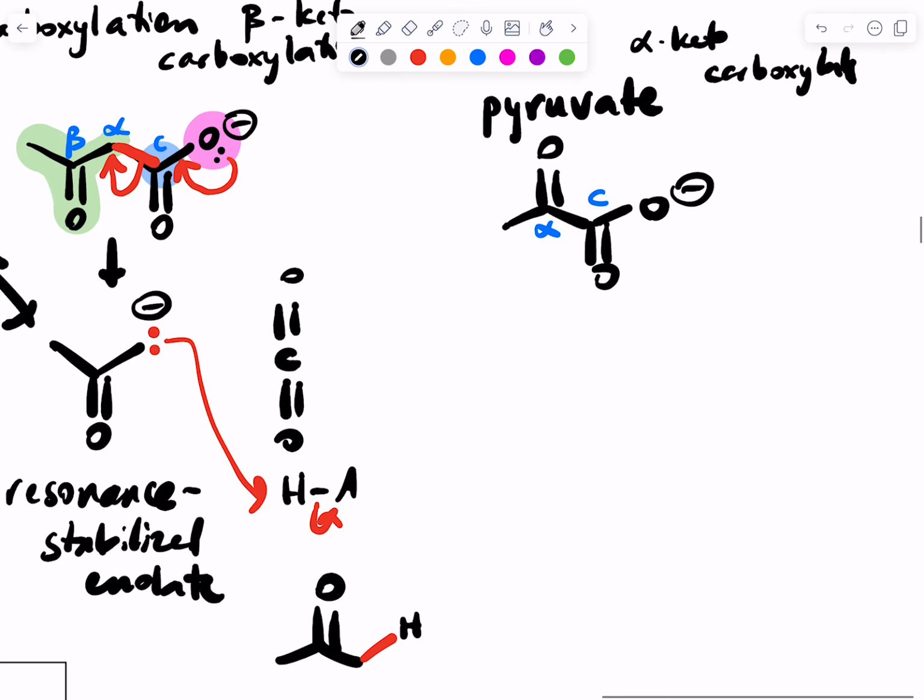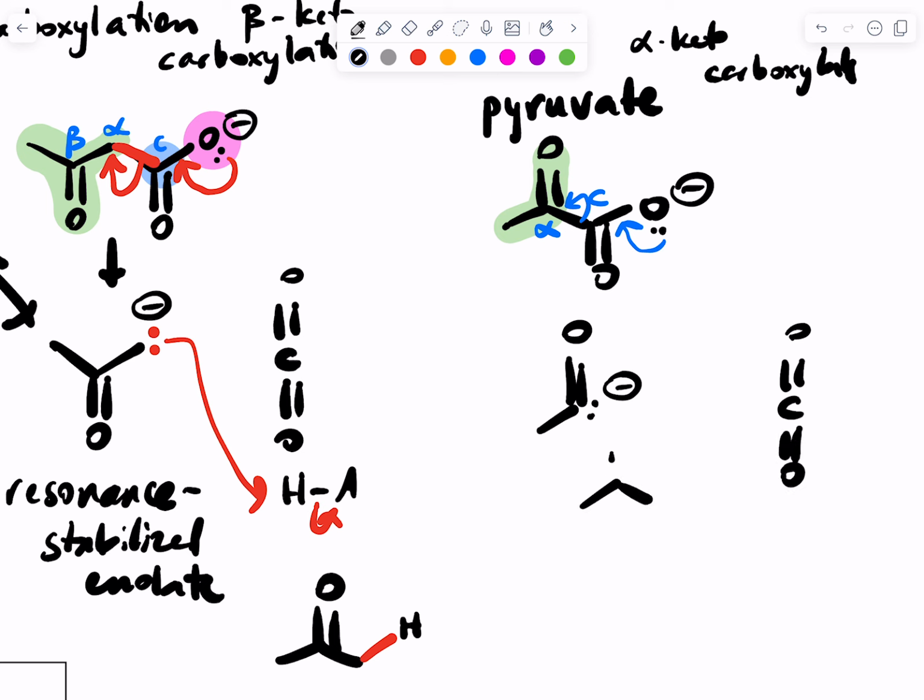And notice if we tried to do the same thing with pyruvate, we would need to put a lone pair on the carbonyl carbon, and that's a functional group that we've never seen before. And in fact, that's the conjugate base of an aldehyde, and you'd have to ask, what is the pKa of an aldehyde?